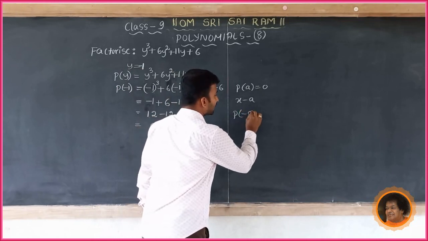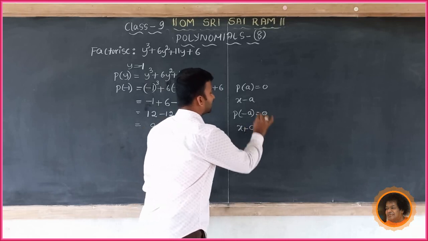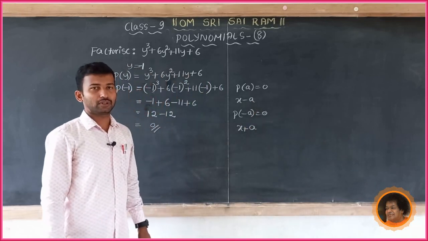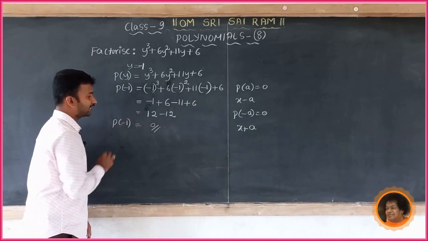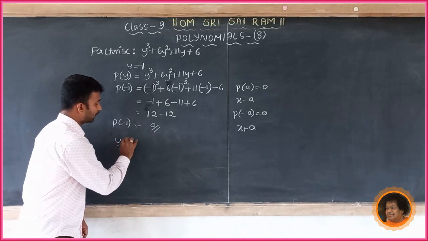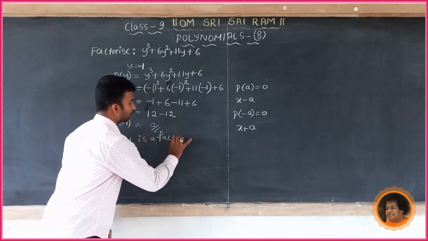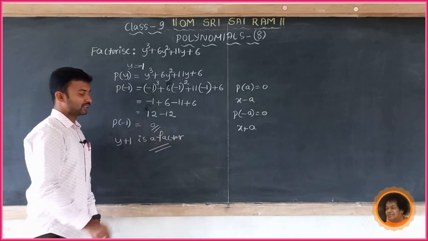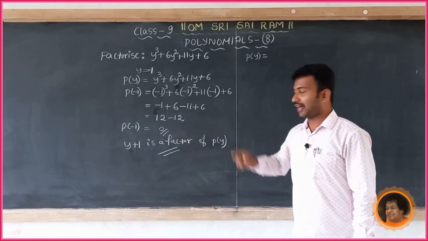If p of minus a is equal to 0, x plus a is a factor. Now, in this example, we got p of minus 1 is equal to 0. So, we say that y plus 1 is a factor of p of y.